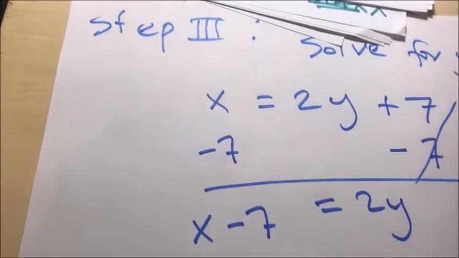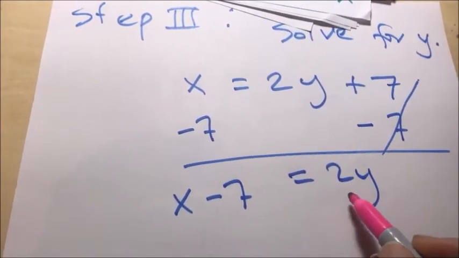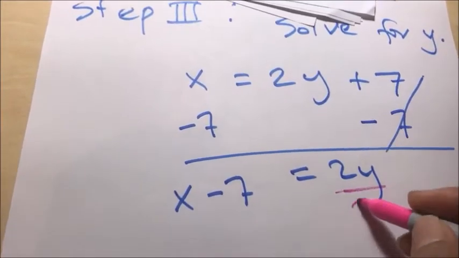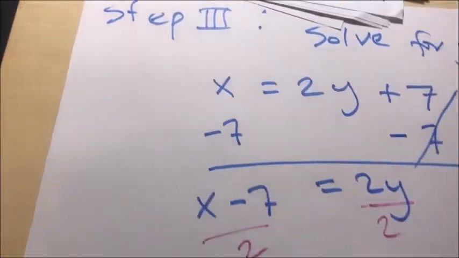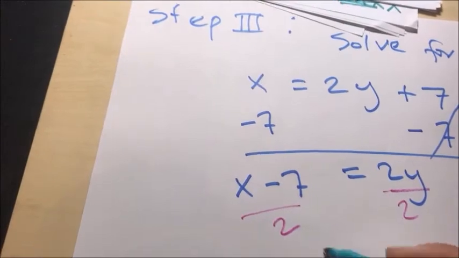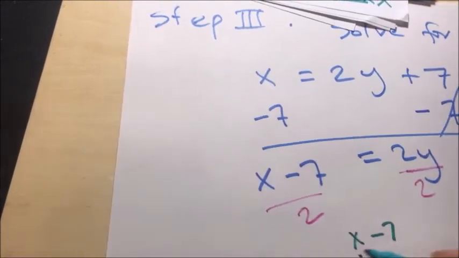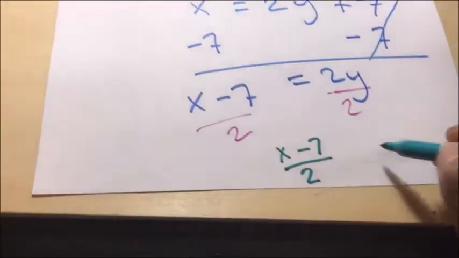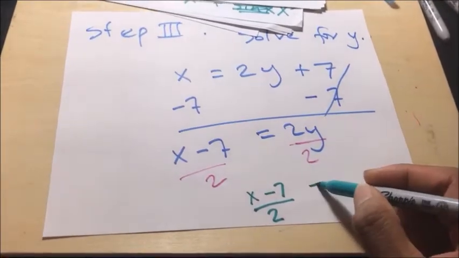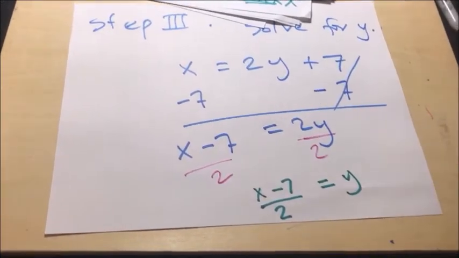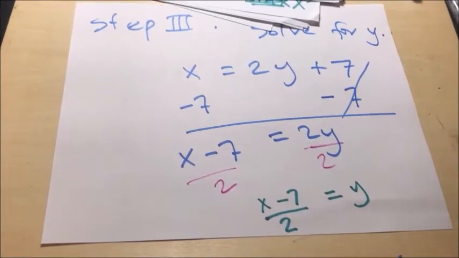And now you can divide by 2. And you're going to get (x minus 7) over 2 is equal to y. Alright, so that's step 3.